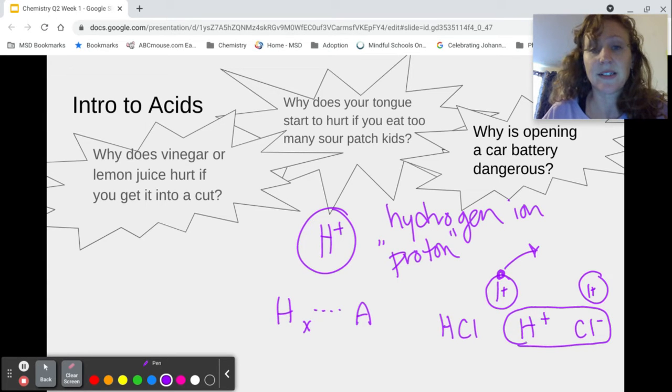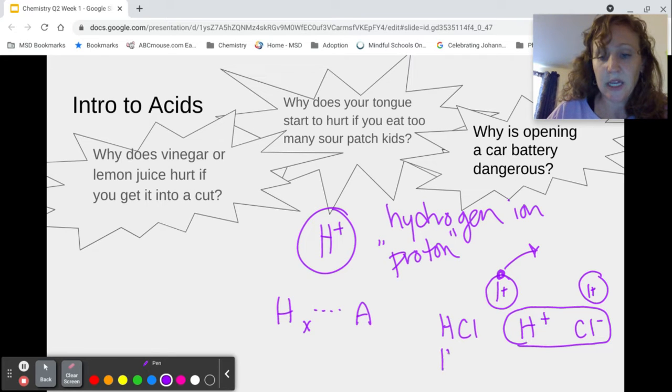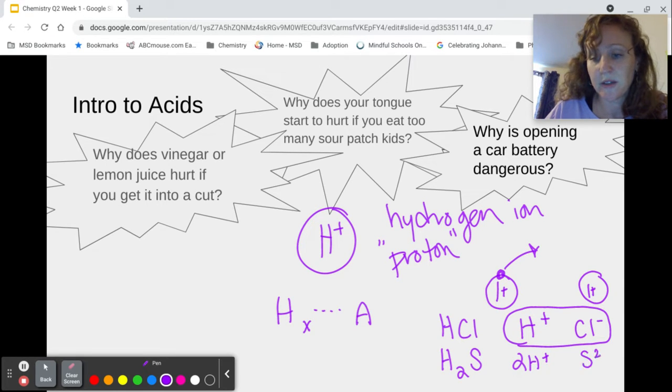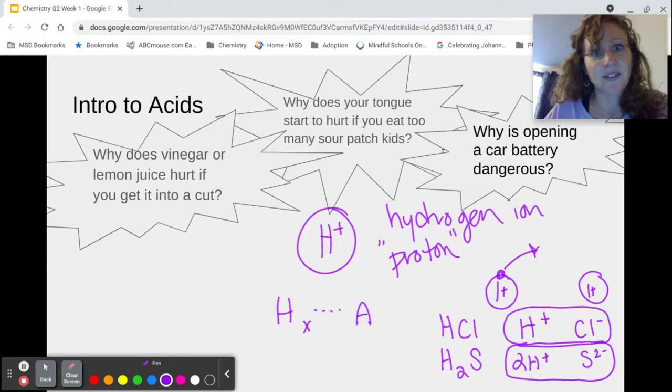Notice that there's the same number of positives as negatives. Same thing with H2S. We're going to get two hydrogen ions with one sulfide ion, and that is hydrosulfuric acid.